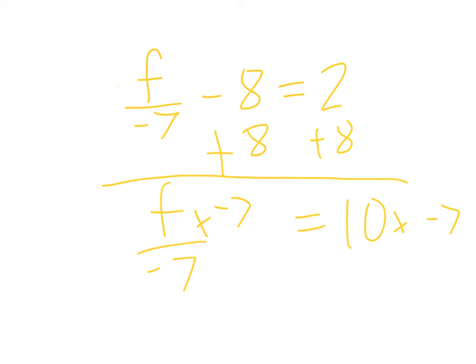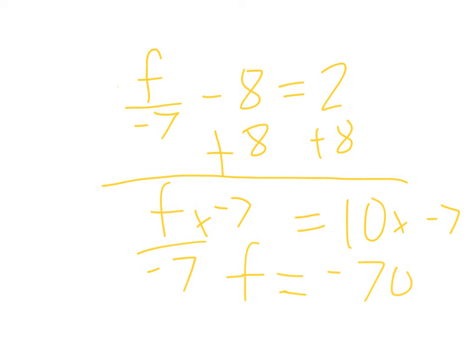The great thing here is multiplying by -7 and dividing by -7 equals 1. So that part kind of disappears because f times 1 is just f. So the answer becomes f equals -70.